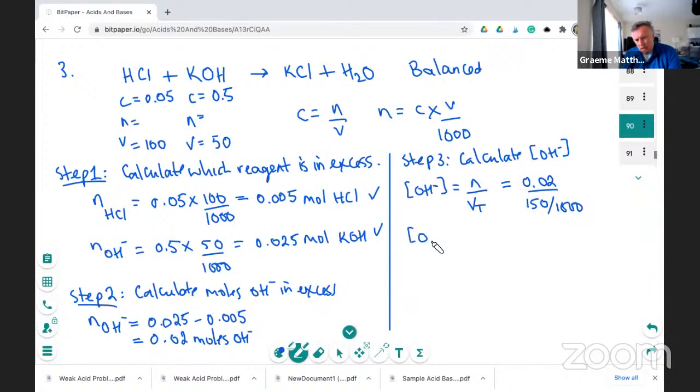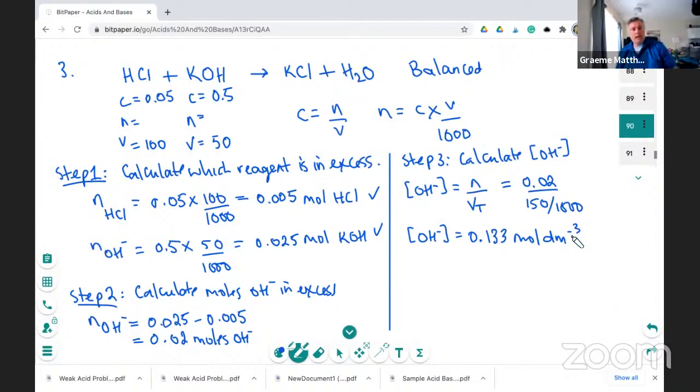And so hydroxide ion is going to be 0.02 divided by 150 over 1,000. And I got 0.133. All right, so 0.133 moles per decimeter cube like this.